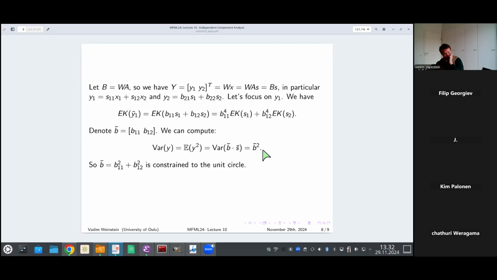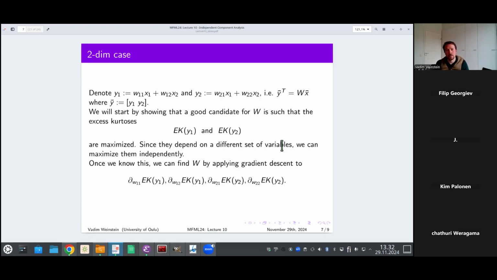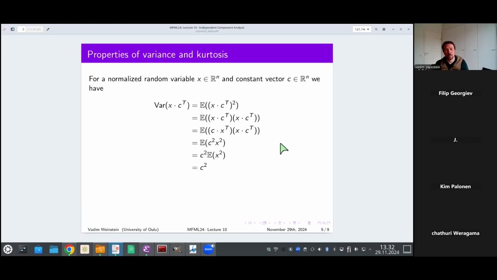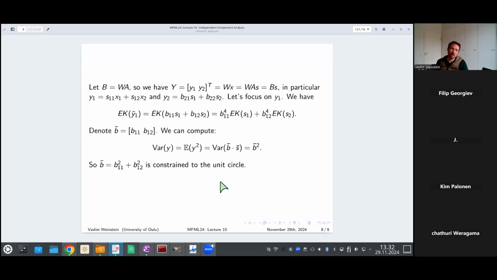Now, you might be wondering why this is, but again, I'm using this trick that I showed you in the beginning. See, variance of something times something, that's C squared. So now the constant here is B.